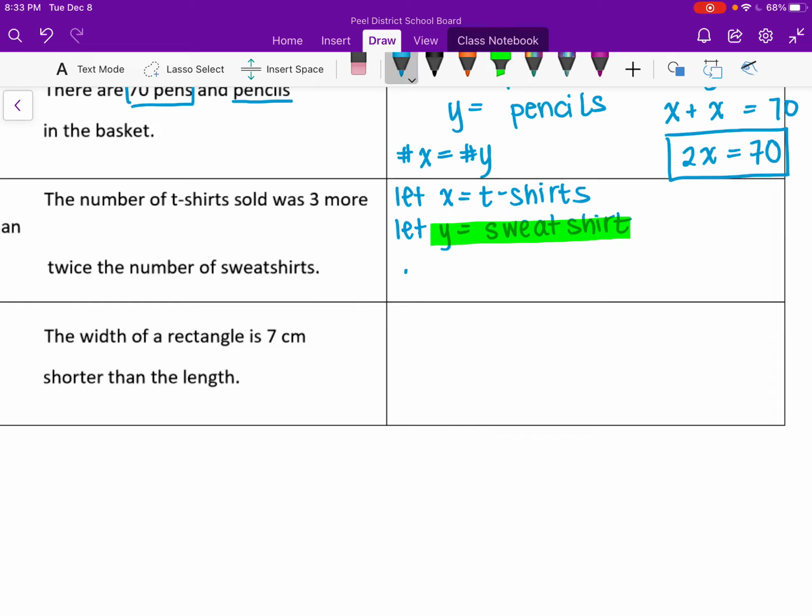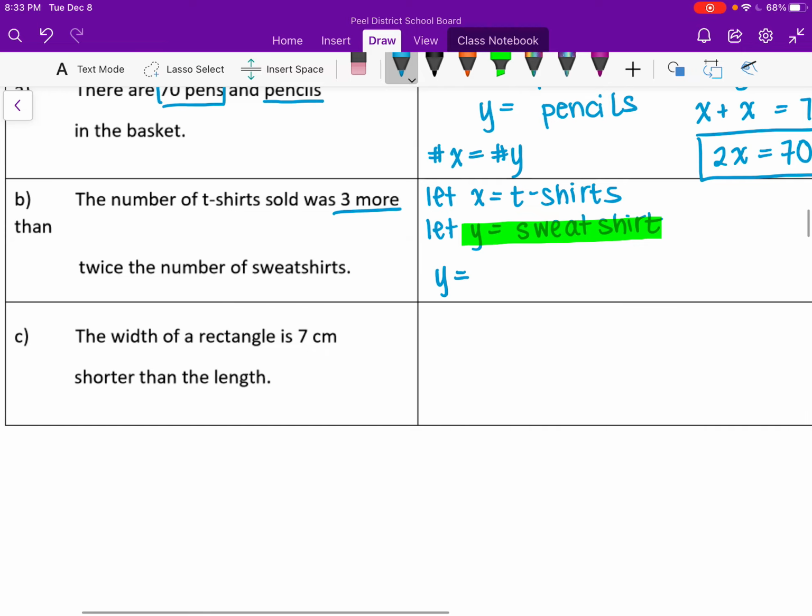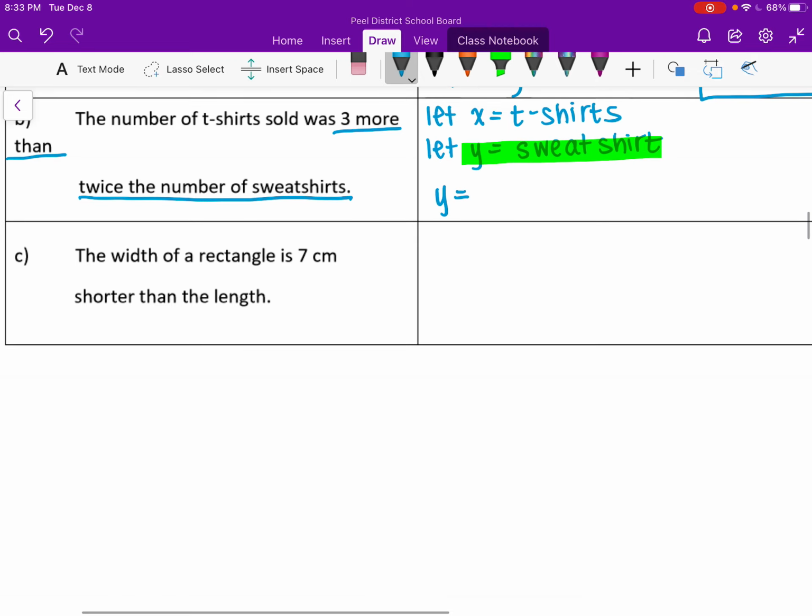So we know that y is equal to, it says the number of t-shirts sold were 3 more than twice the number of sweatshirts. Okay, so y is equal to 3 more, which is plus 3, times twice the number of sweatshirts, times 2 times x plus 3.